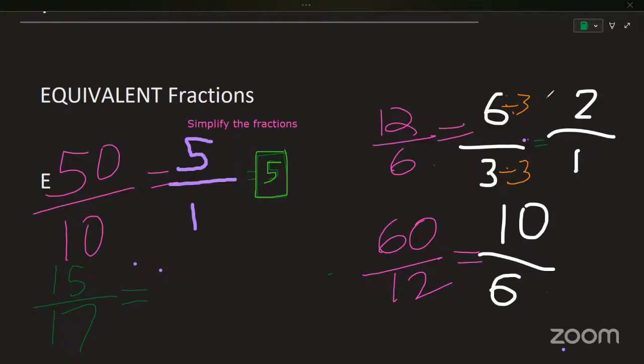The number given is itself the answer. Fine. And here again, what I was saying, you can write 2. Why? 2 divided by 1 is 2 only.